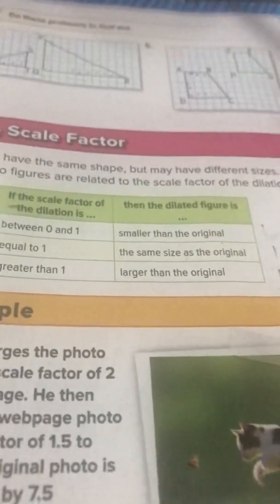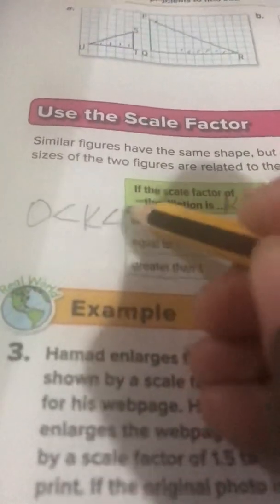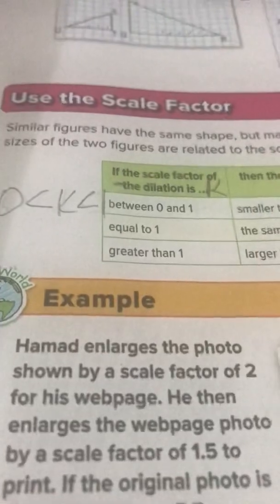Okay. You need to copy this table in your blue book. When your scale factor, remember scale factor is also called K, is less than 1 but greater than 0, then your image is smaller than the pre-image.